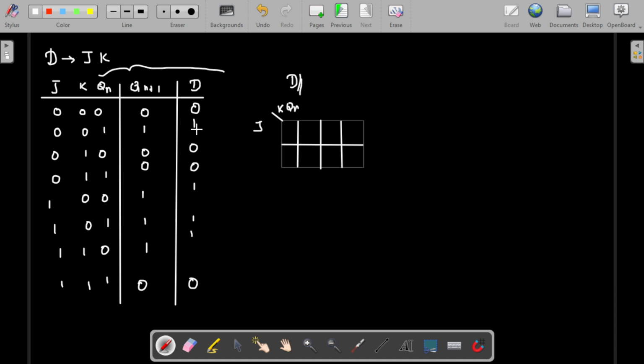This is the equation of D. Wherever D is 1, we put 1 1 1 1 here, with 0 1 and 0 0 0 1 1 1 1 0. The mapping will be done like this. So D can be written as J Qn bar plus K bar Qn. This is how we can write it.